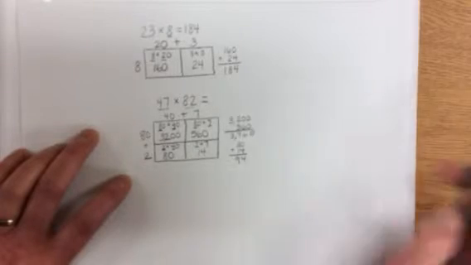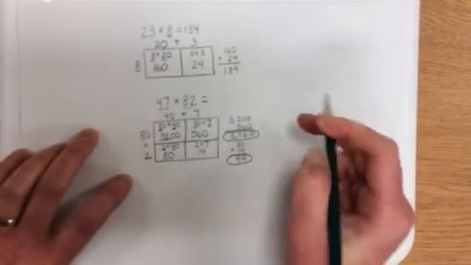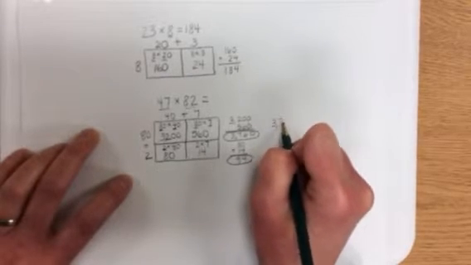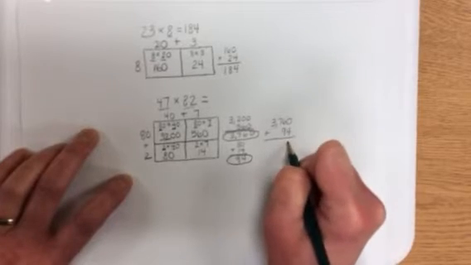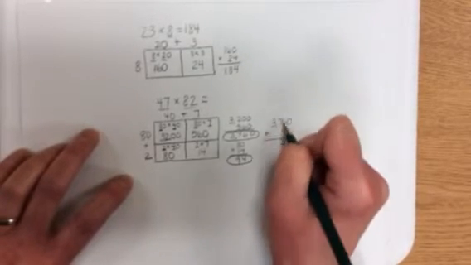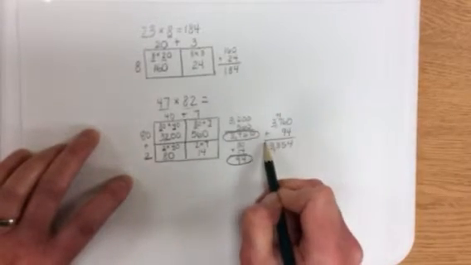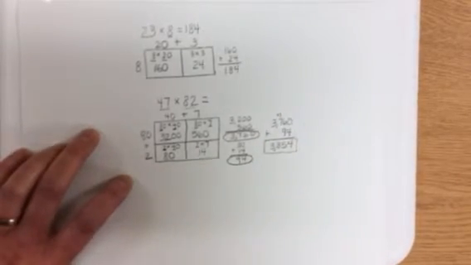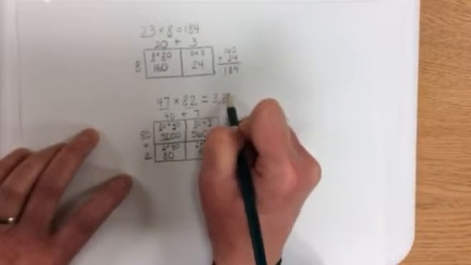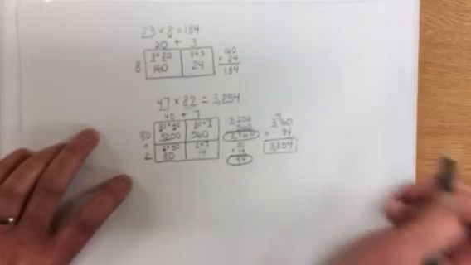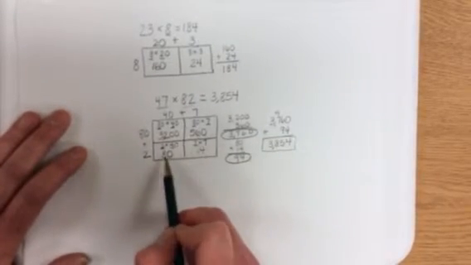The final step is to take these two sums and add them together. So my final product for 47 times 82 is 3,854.